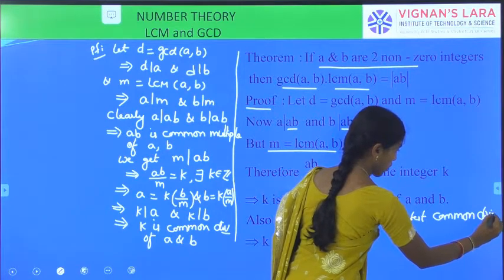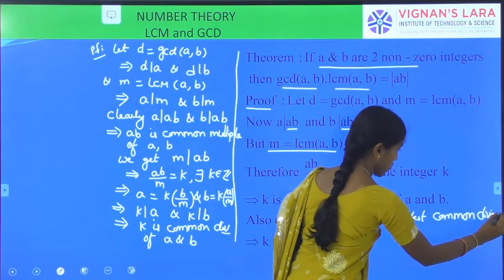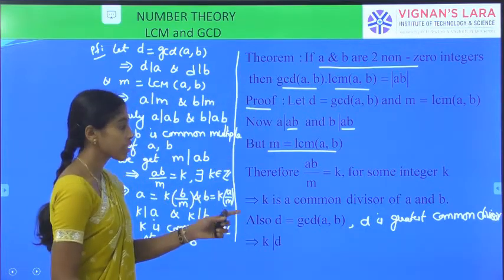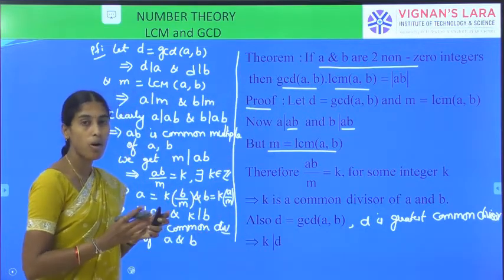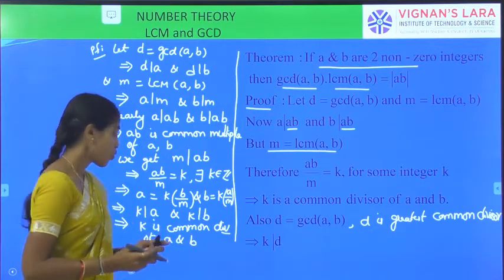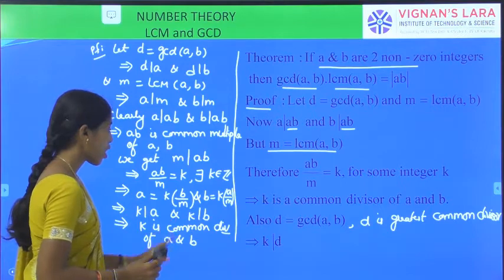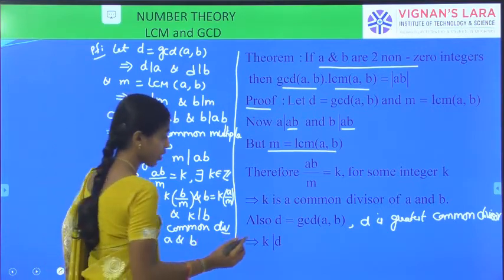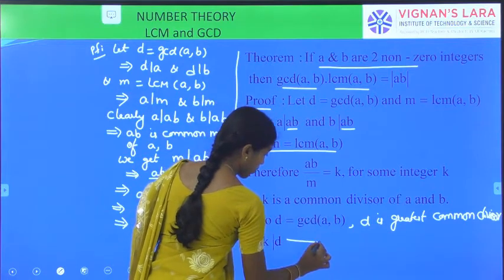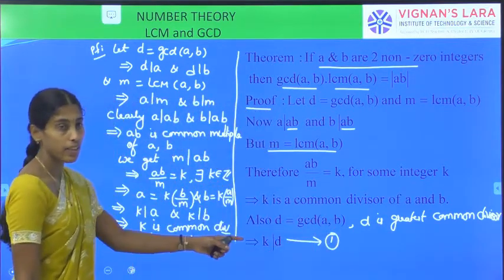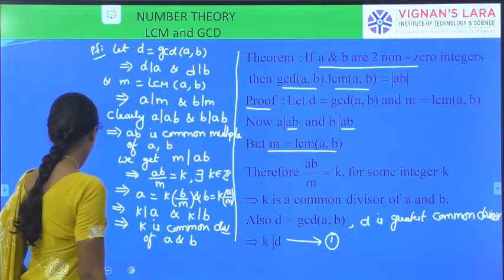That means among all common divisors, D is the greatest one. So here K is a common divisor, which implies we get K divides D. Right? So let it be equation 1. K divides D, which is equation 1.